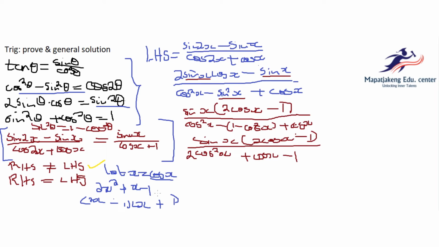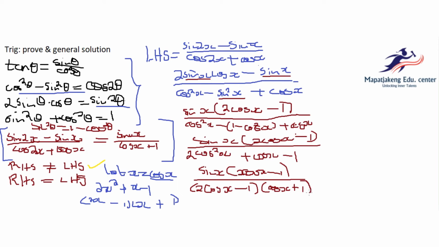Then you replace the cos again. Then the bottom part can be replaced by 2 cos x minus 1 all multiplied by cos x plus 1, with the same x put back: this becomes the 2 cos x minus 1 bracket, and this becomes the cos x plus 1 bracket.